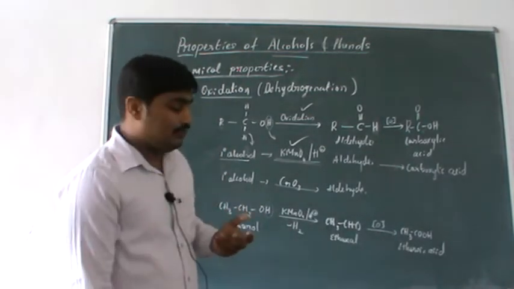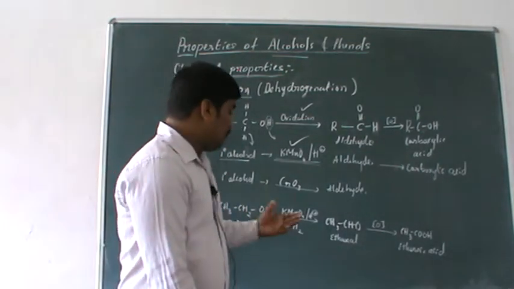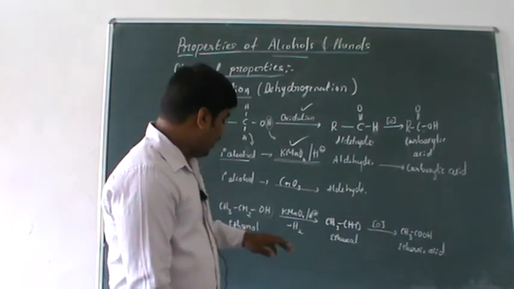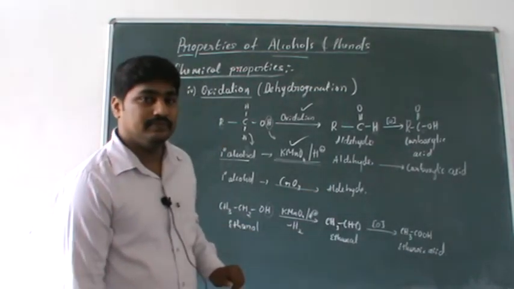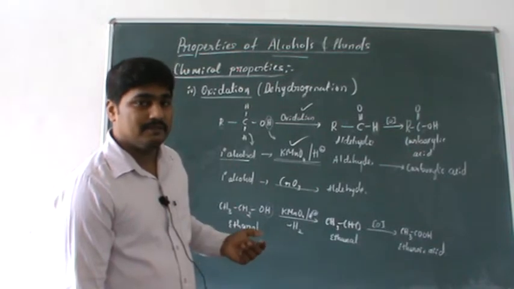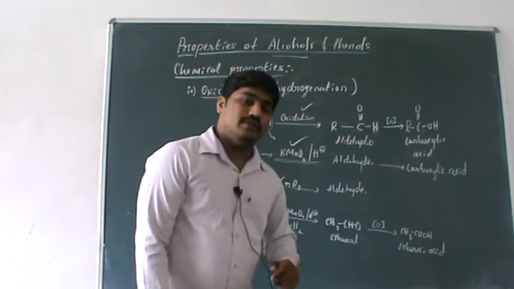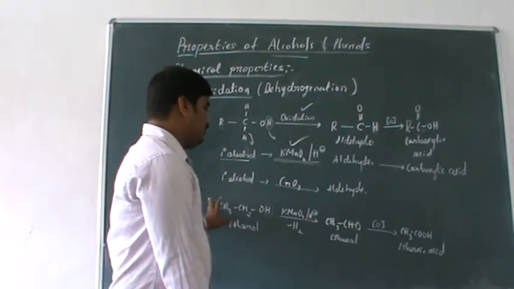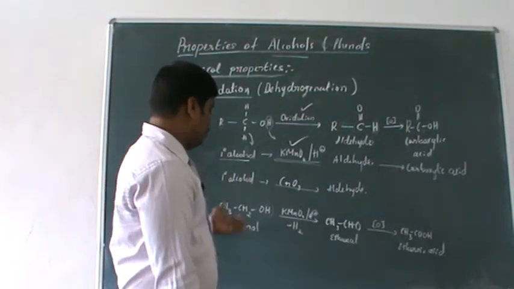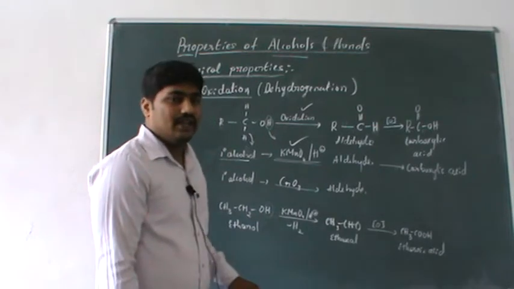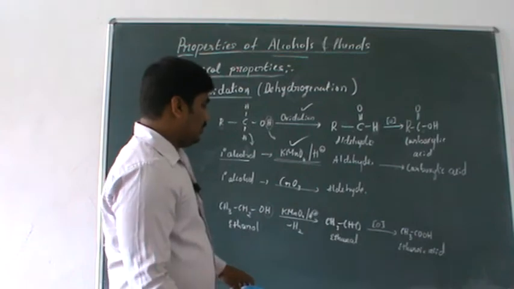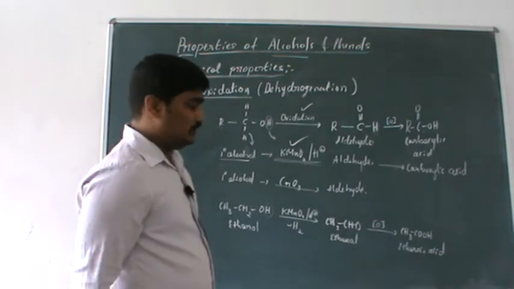In case of an exam, there is a possibility of being asked how to prepare ethanoic acid from ethanol. What is the process? Using KMnO4 in acidic medium. So this is the reaction. Very important. All oxidation reactions are important. It is very helpful in competitive or theory exams.